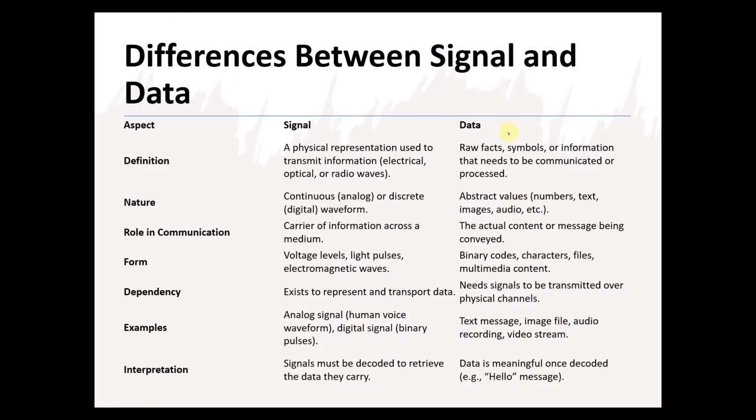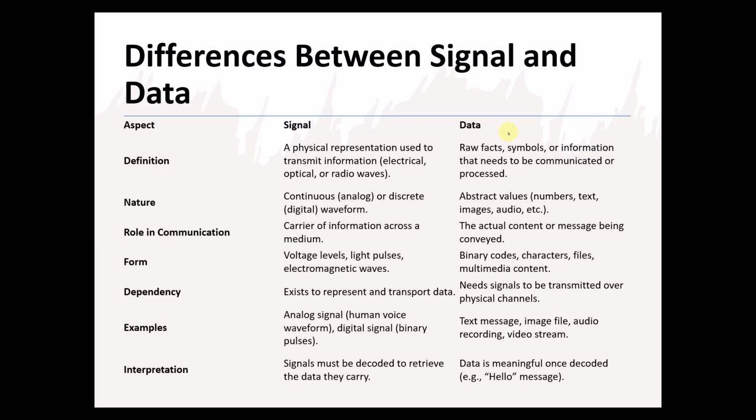So here we have the differences between signal and data. We've looked at what data is, and we've looked at what a signal is. Now let's try and see clearly the differences between them. If so far you've not recognized the difference, now this is the difference. A signal is a physical representation used to transmit information.